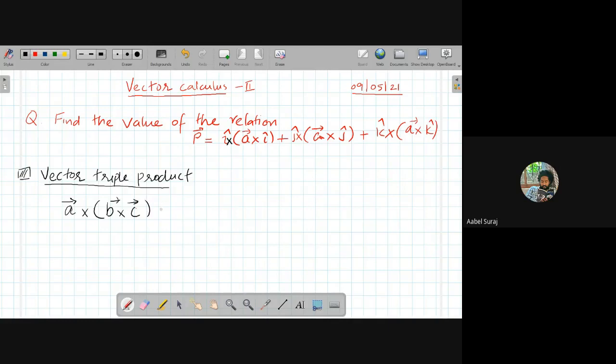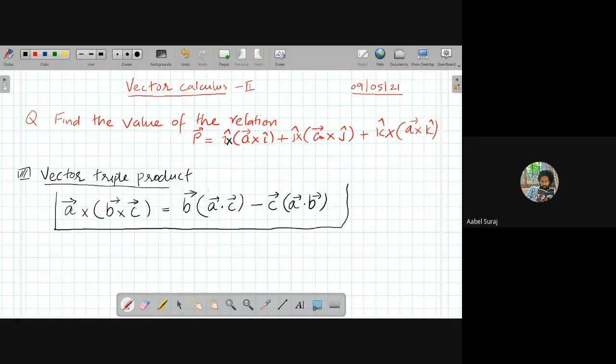The result is B times A dot C, minus C times A dot B. This is the general relation of A cross B cross C.